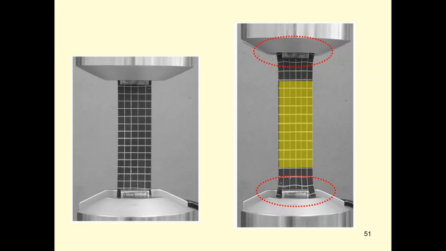If we just consider the area here, far away from the stress concentration at the supporting point, and if you take this as the original length, this is going to be L sub O, and this is going to be L sub F. Then you may determine the longitudinal strain to be L sub F minus L sub O, divided by L sub O.